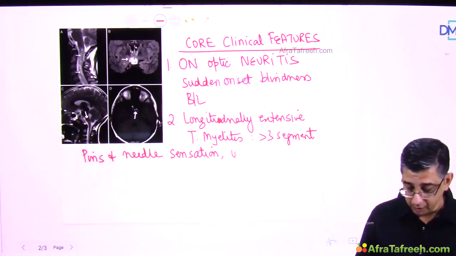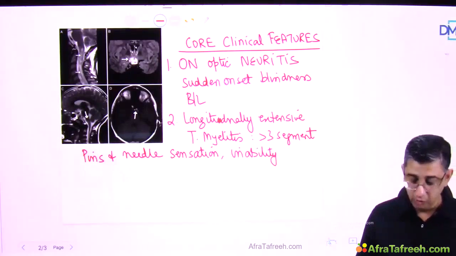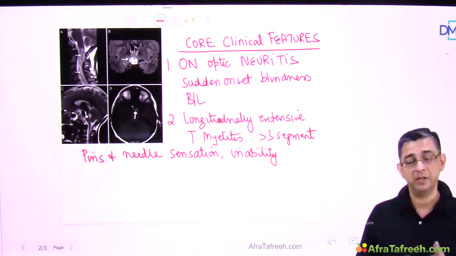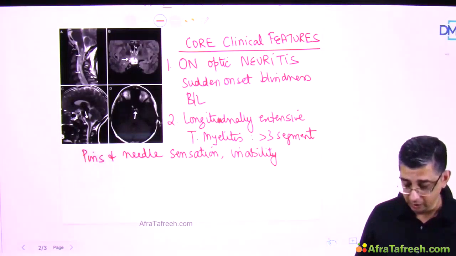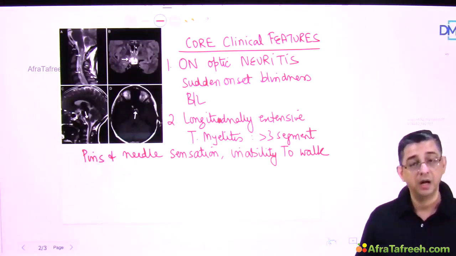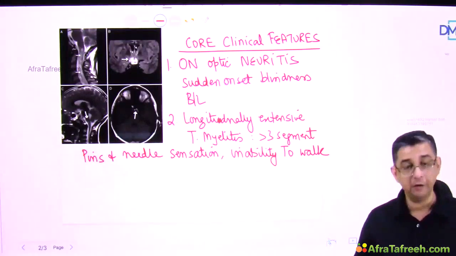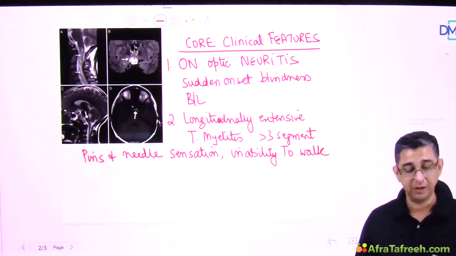And later on, the myelitis component can be so bad that the person might have no feeling in the legs. Person might say that I feel I have wooden legs, because there might be spasticity, and then there might be a frank inability to walk. So ambulation issues will definitely be present in patients of neuromyelitis optica, and everything will develop very fast as compared to multiple sclerosis, which has a rather slower course.